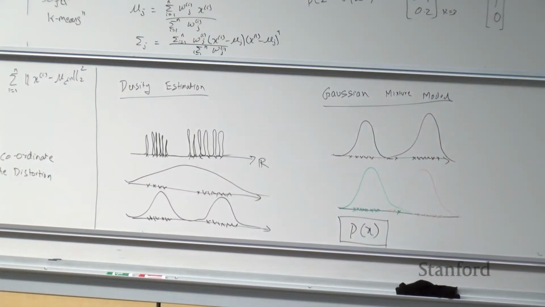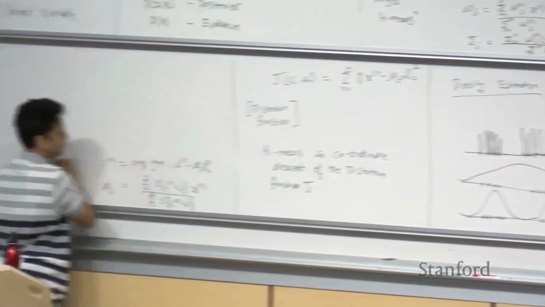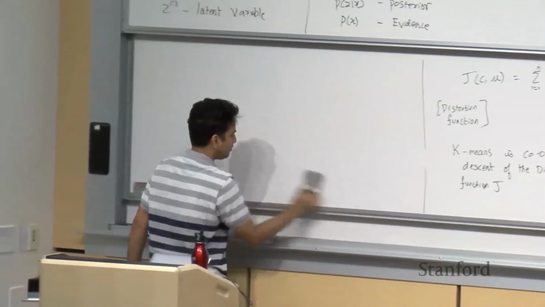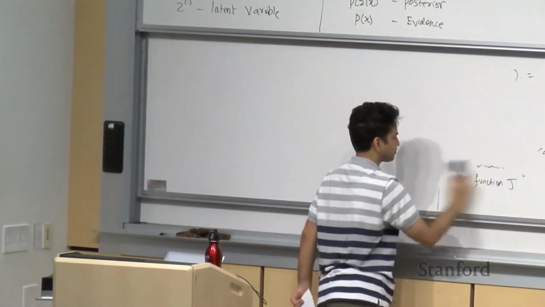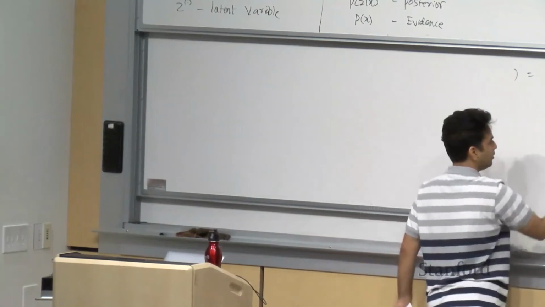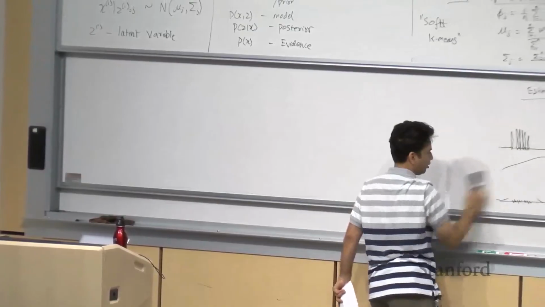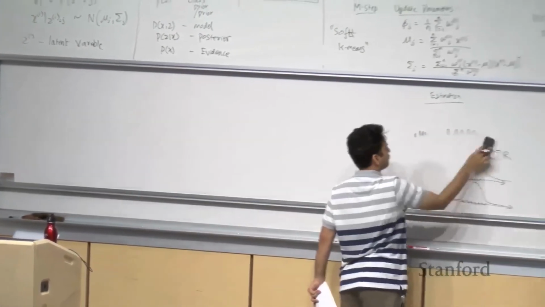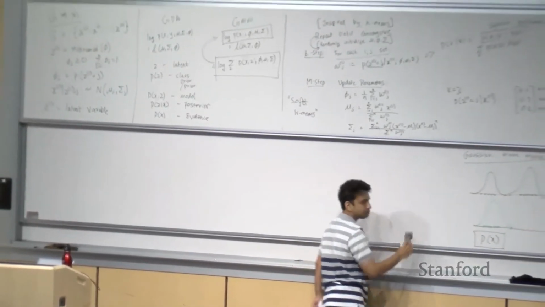Okay, now we're going to switch gears and talk about the EM algorithm. The EM algorithm is also called the expectation maximization algorithm. It gives us a framework for performing maximum likelihood estimation when some variables are unobserved.